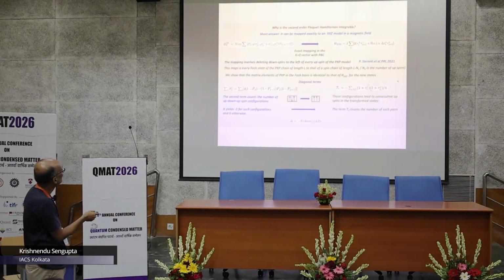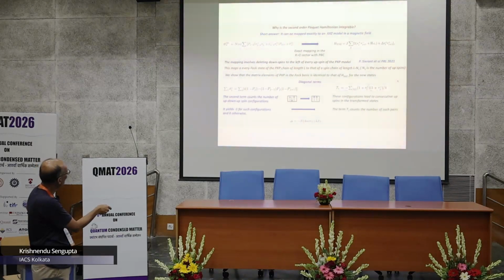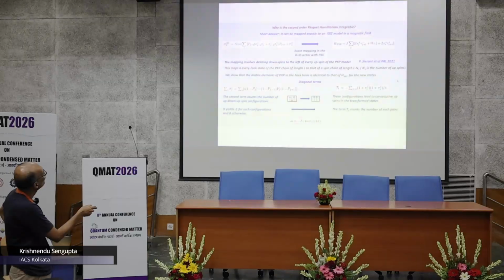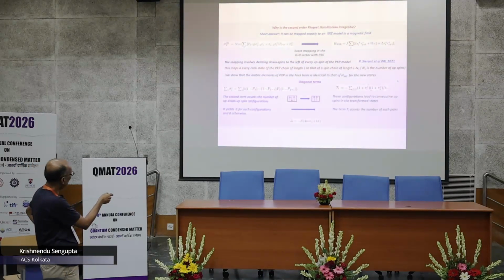Therefore, if you take delta to be some particular value, determined by these factors of 4 and n and so on, then you can show that there is a one-to-one mapping between the term sigma z tilde and delta.